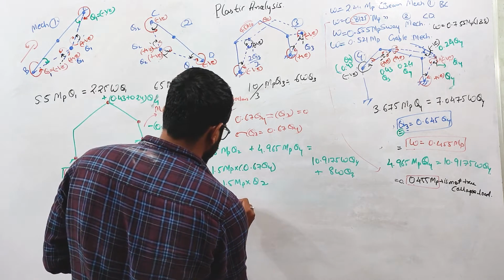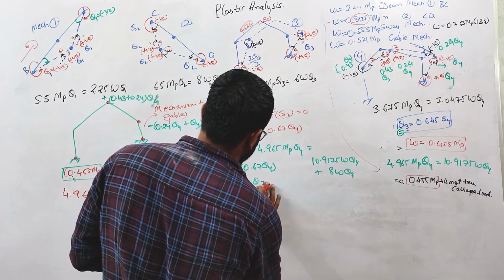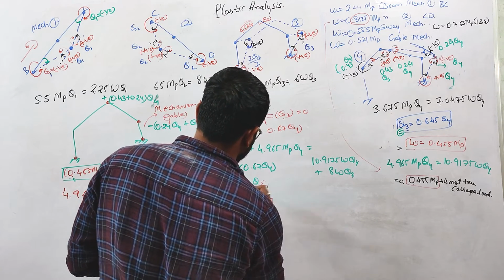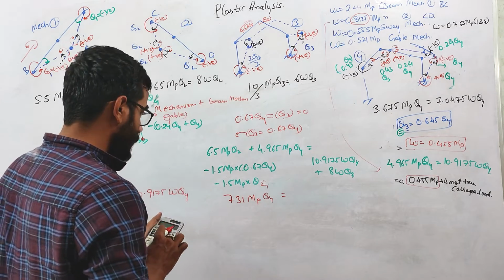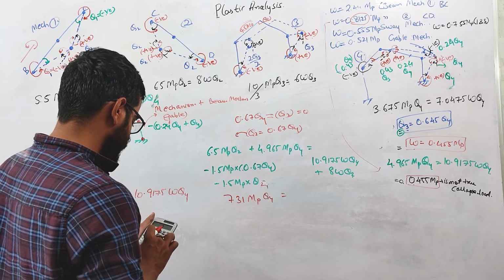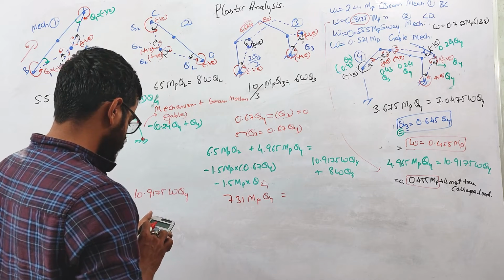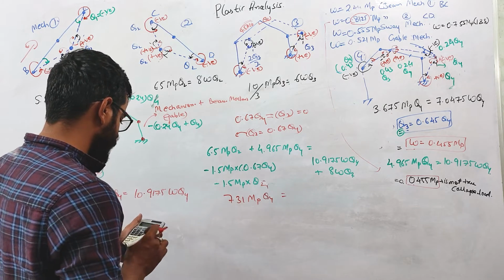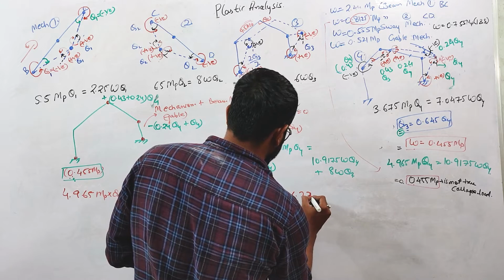So this is 7.3 MP into theta 4. This equals 8 into 0.67 plus 10.9175, which is 16.2775.